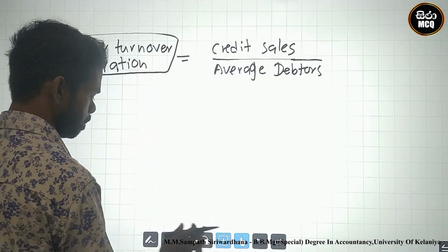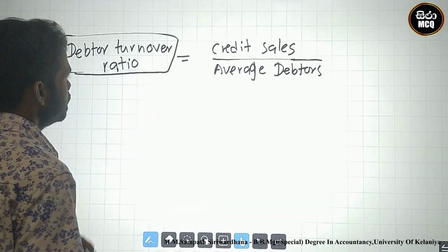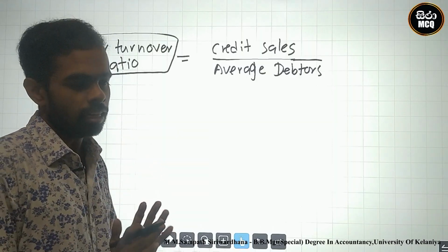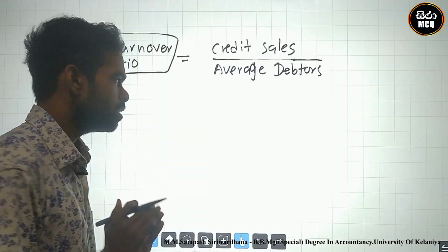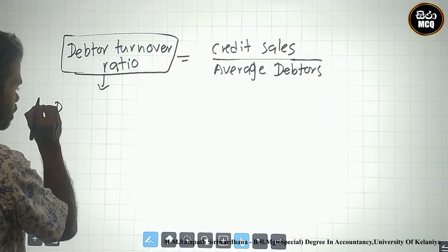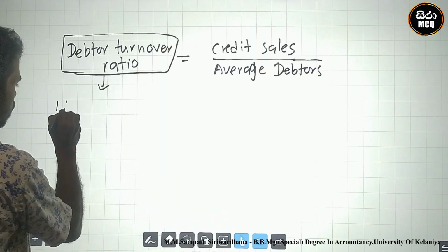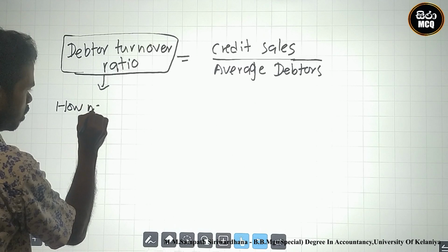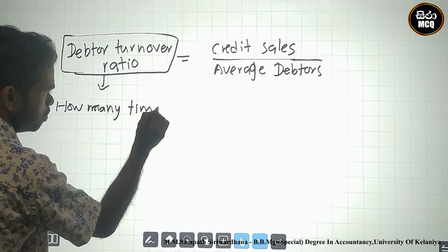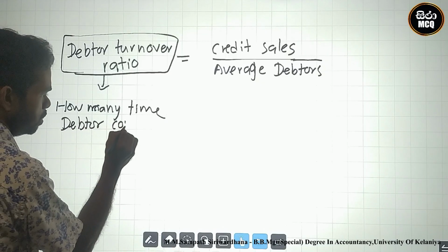The debtor turnover ratio means how many times the debtor comes to the business.